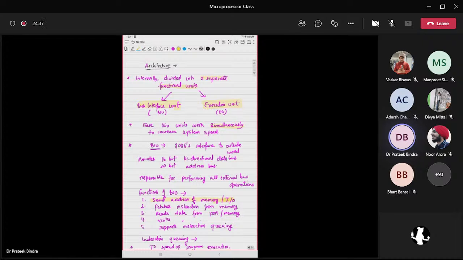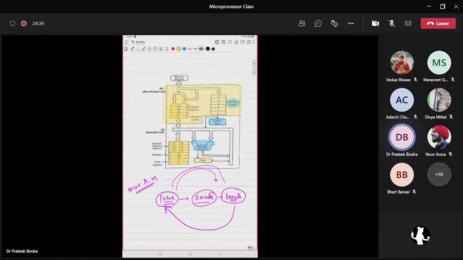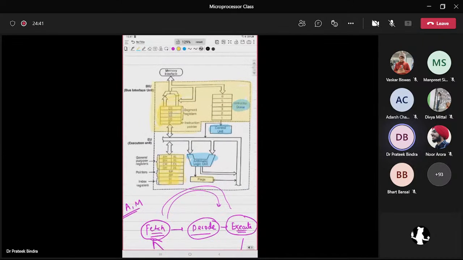That's why in this block diagram, in your BIU, you have some segment registers, because the main work of my BIU is to get the memory location of the program where my program is stored. That's why the instruction pointer is there, fine. So you don't need other types of pointers in the BIU.